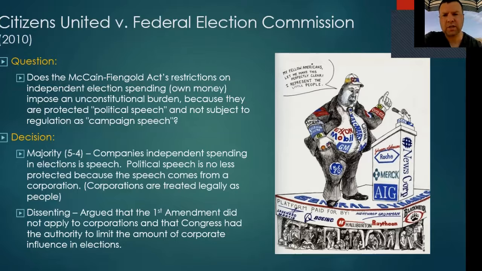So they looked at corporations just like they looked at people. So a lot of times you'll hear that in the news, that corporations are sometimes treated as a person, whether it's Walmart or McDonald's or General Motors. That company has certain legal rights just like a person would. And in this case, the majority said they have the right to political speech.